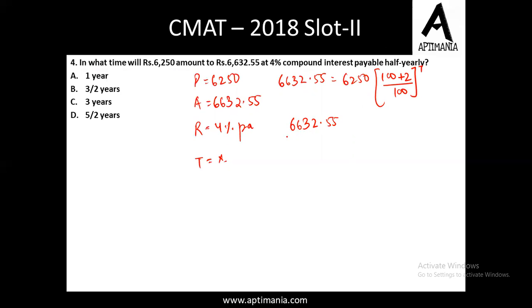So to solve this, what I'll do is take 6632.55, and I'll take the 6250 in the denominator. Removing the decimal, I'll have 00 in the denominator, equals 102 upon 100 raised to the power t.